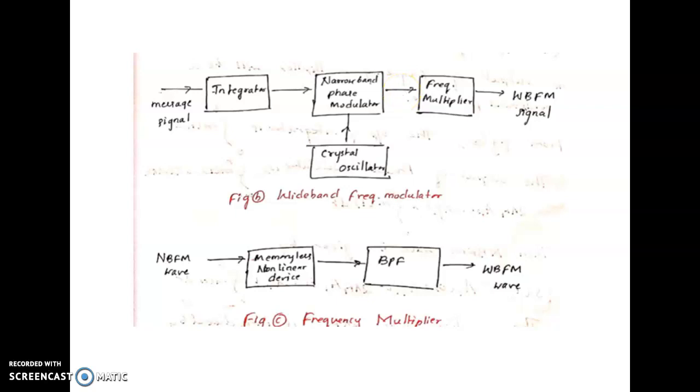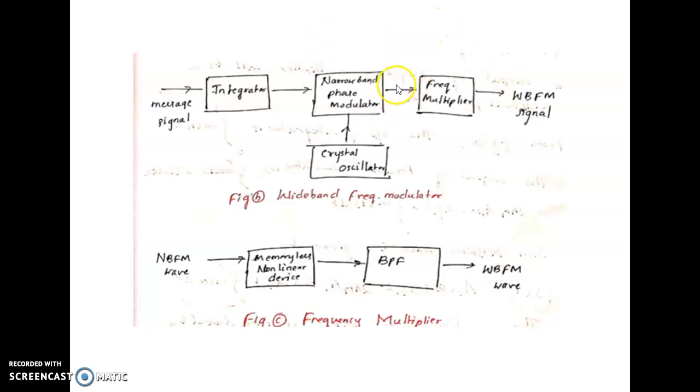If you pass this kind of narrowband FM wave through a frequency multiplier, will there be any change in the carrier frequency as well as the frequency deviation? That is the question. Definitely, the answer is that there will be a change in both.